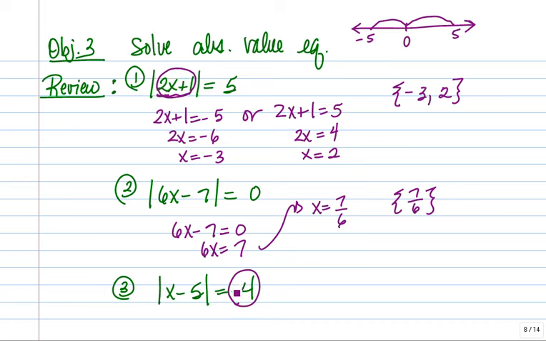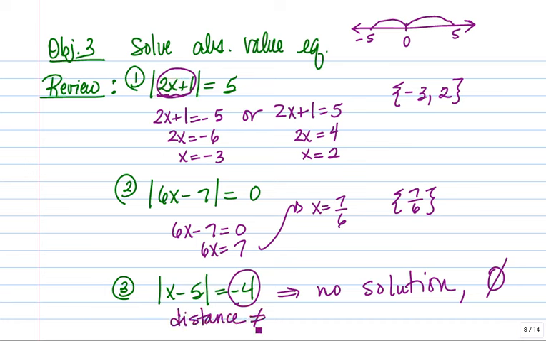It cannot be negative. And so when we have the absolute value of x minus 5 is equal to negative 4, there is no solution to this, because distance is not equal to a negative number.